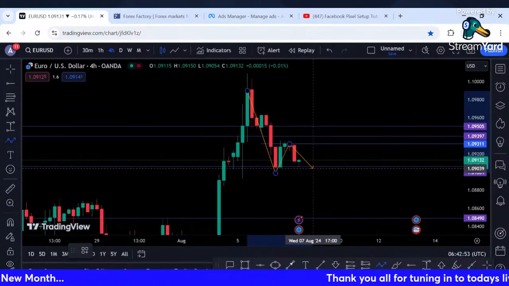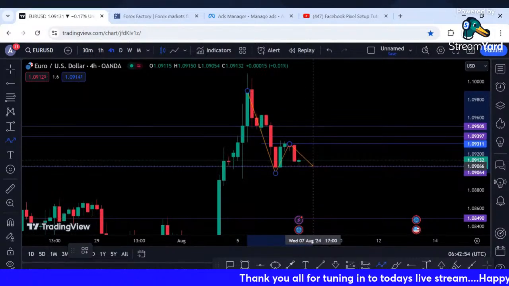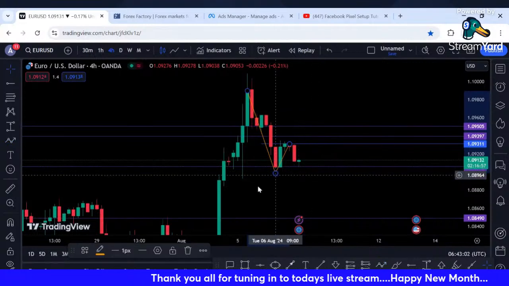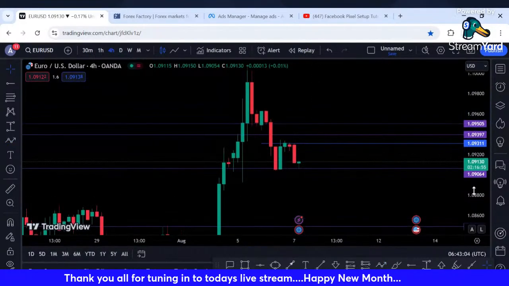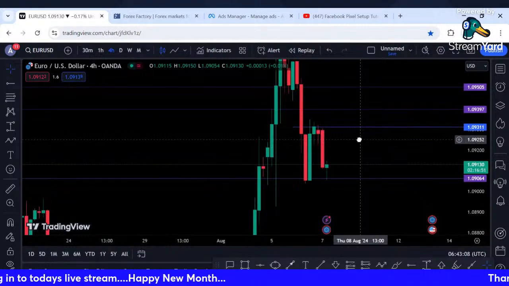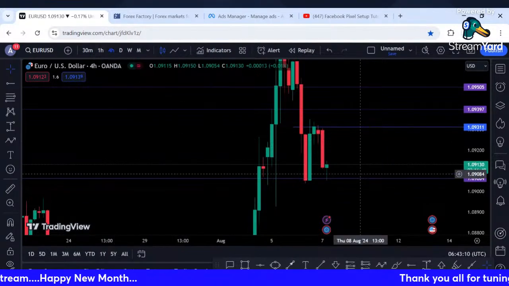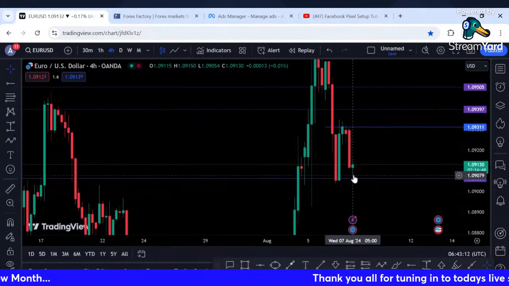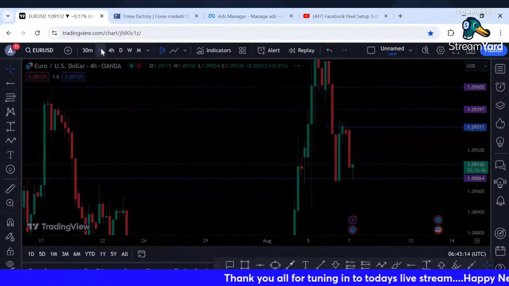One thing is, it is retesting a key level, and it's very strong. But when you watch, there was no entry on H4 for a buy.